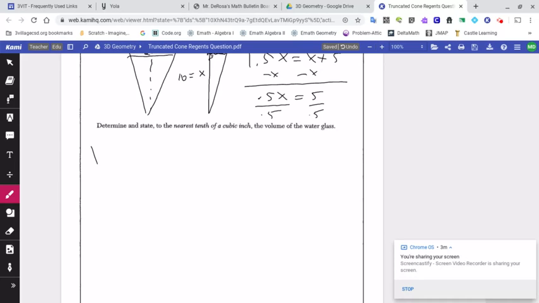So the volume of the big cone equals 1/3 pi r squared h, where r is 1.5. Pi r squared is the area of the circle. If you put all that into the calculator, it's going to give you 35.342.